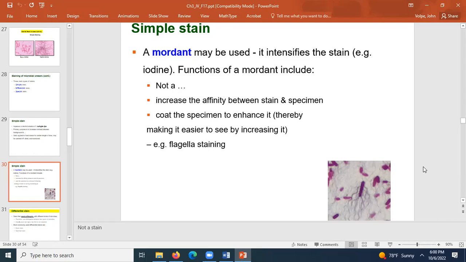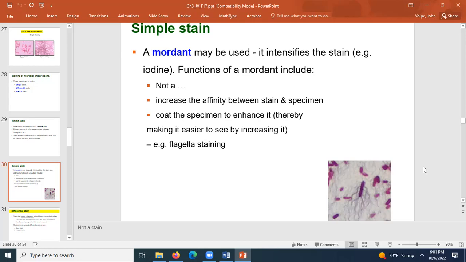We're not going to talk about the Gram stain yet because it's not a simple stain, but the iodine simply increases the ability of crystal violet to stain the cell. So it intensifies the stain, and it is by itself not a dye. In the Gram stain, we're using iodine as a mordant. The iodine itself does not color the cells.